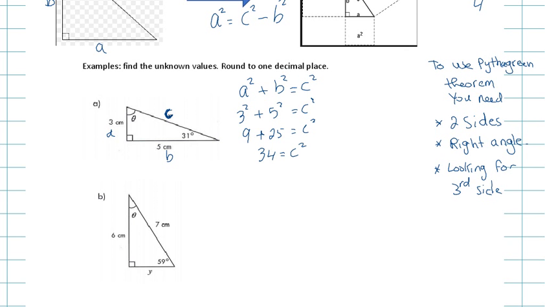So to get rid of that squared, what do I do? Square root. The opposite of square is square root, so that's going to be the square root of 34 equals C. And the question asks to round to 1 decimal place. So when you enter that into the calculator, what do you get?